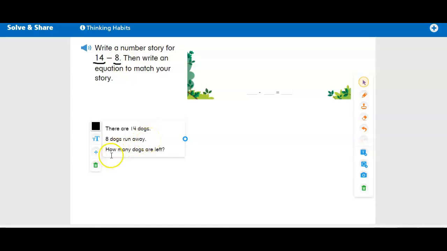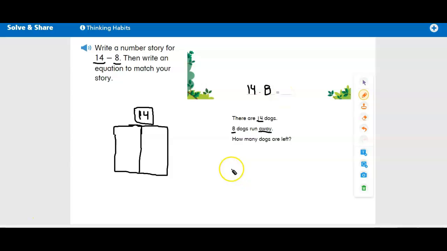And last, we could say, how many dogs are left? So this story problem is helping us solve the equation 14 minus 8 equals blank. So now that we have part of our equation and also our number story, we need to solve.